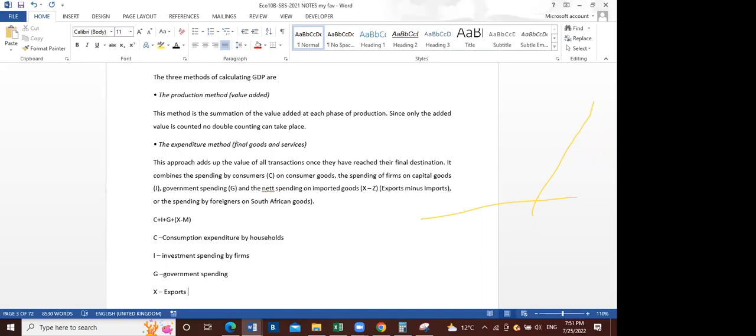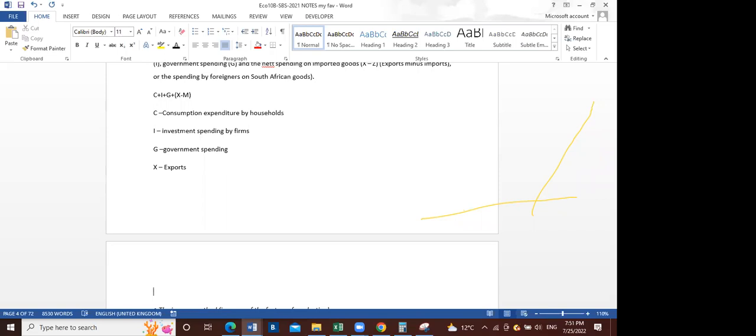That income or wealth is the X. Then we have M. M represents import spending by the local economy. So when you import from China, from the United States, from Germany, that importation is the one that is represented by M.